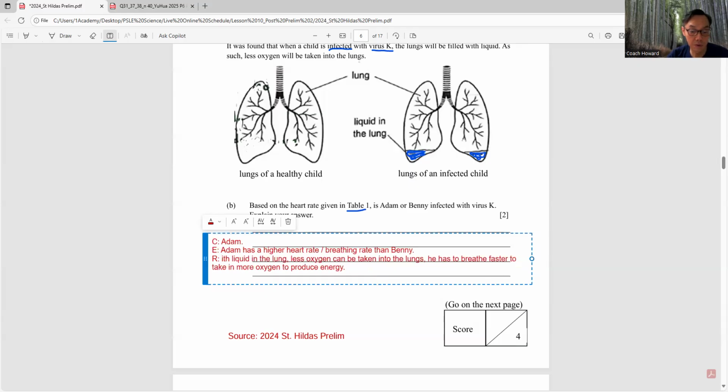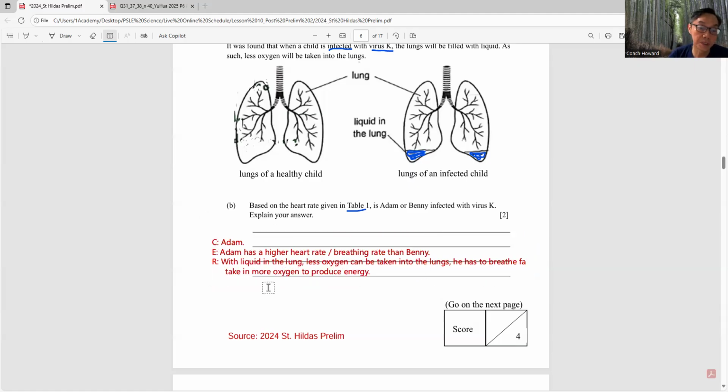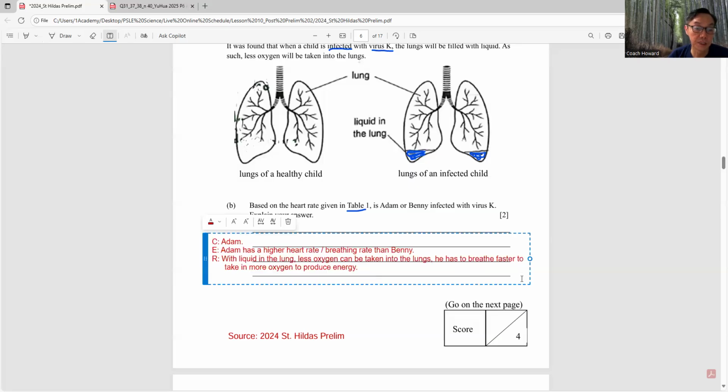Okay, this is a more concise explanation. With liquid in the lungs, less oxygen can be taken into the lungs because the liquid occupies space. So the infected person in this situation is Adam. He has to breathe faster to take in more oxygen to produce energy.